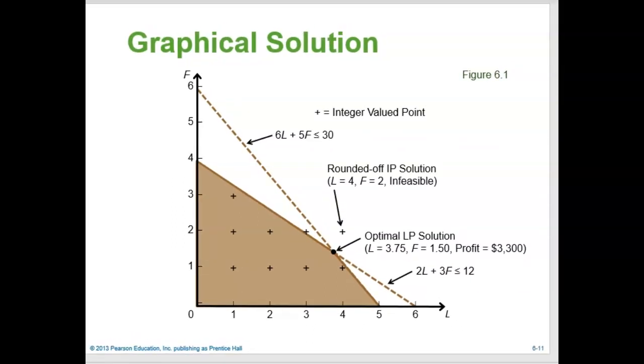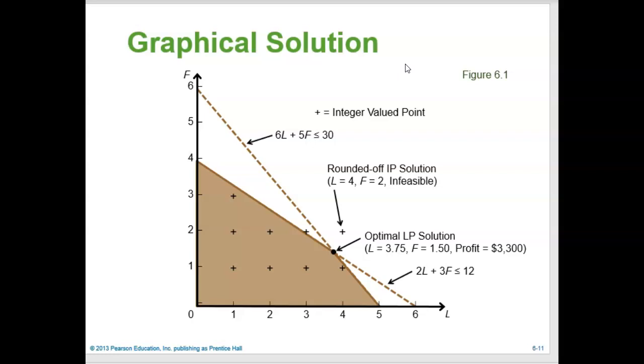Okay, let's take a look at the graphical solution for this simple model that we just formulated for Harrison Electric Company. Now, this is a little revision from chapter 2, where we covered how we can get an optimal solution using the graphical approach. Remember that the graphical approach is usable for models with only 2 decision variables.